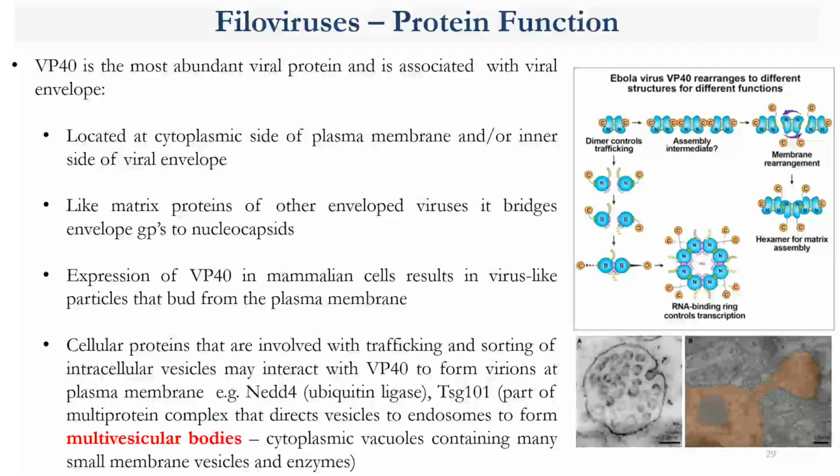Just like the matrix proteins of other enveloped viruses, it basically forms the bridge between glycoproteins and the nucleocapsid. So it basically attaches your glycoprotein to the nucleocapsid. And if you were to express VP40 in mammalian cells, it results in virus-like particles that bud from the plasma membrane, okay? Virus-like particle, not virus. So what does this tell you?